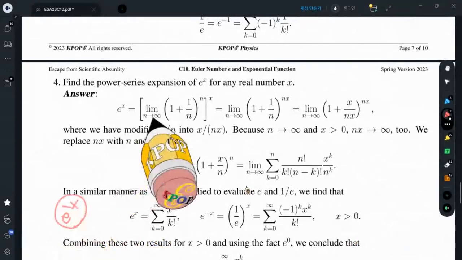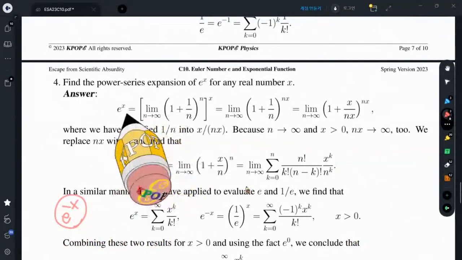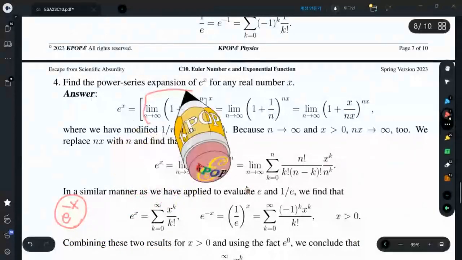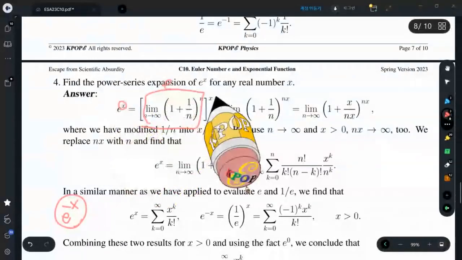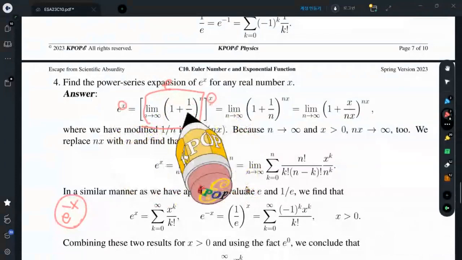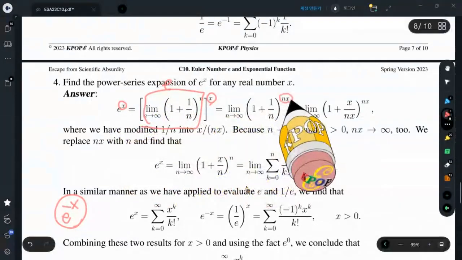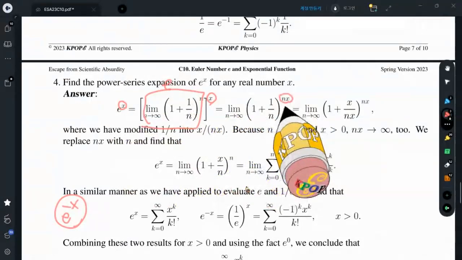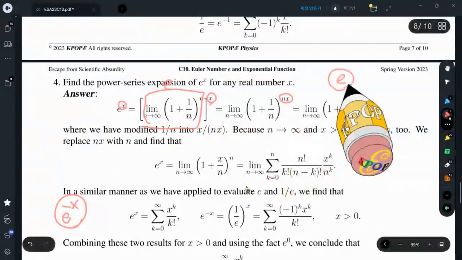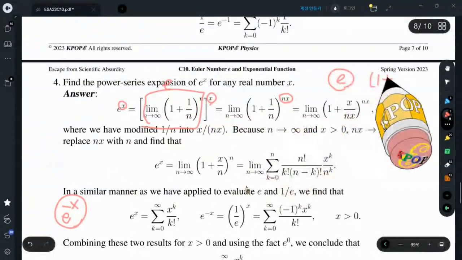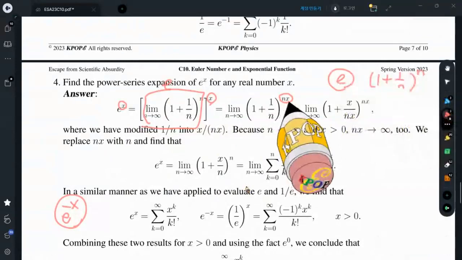And if I substitute x, then, for example, this is e with the power x. For simplicity, we take the positive power, and then it becomes n times x, but it is a little different from the original definition of e. In the definition of e, it is 1 plus 1 over n, a reciprocal, but this is not the reciprocal.